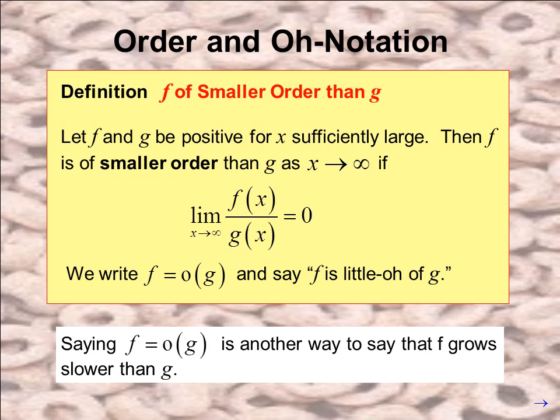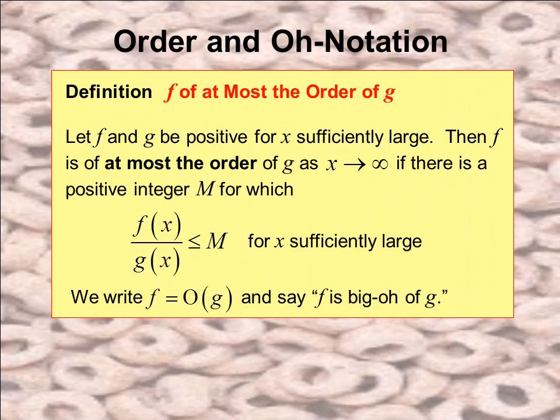Now, you might think, if we were to pick a symbol that was the most likely to get confused with a number, a lowercase o would probably be it. But if that's not bad enough, the definition of f of at most the order of g is this. Let f and g be positive for x sufficiently large.